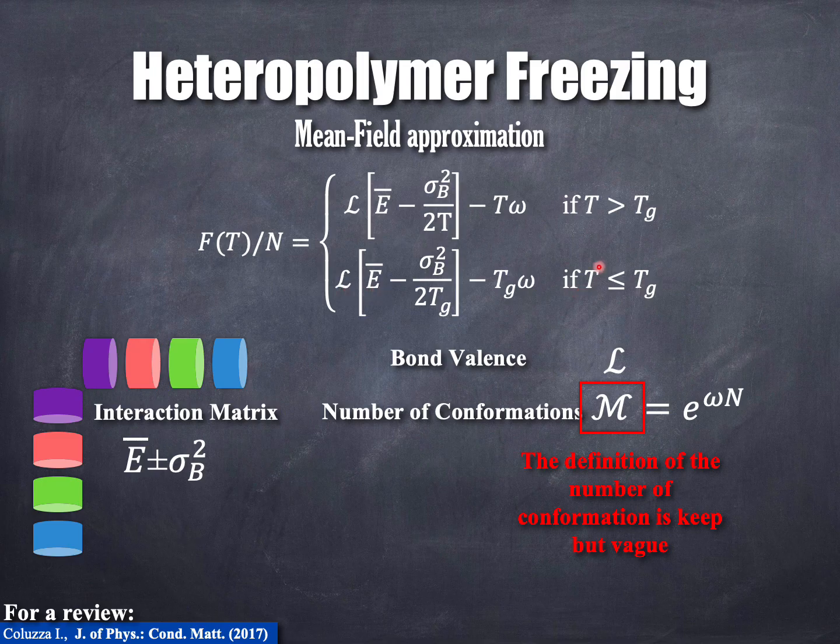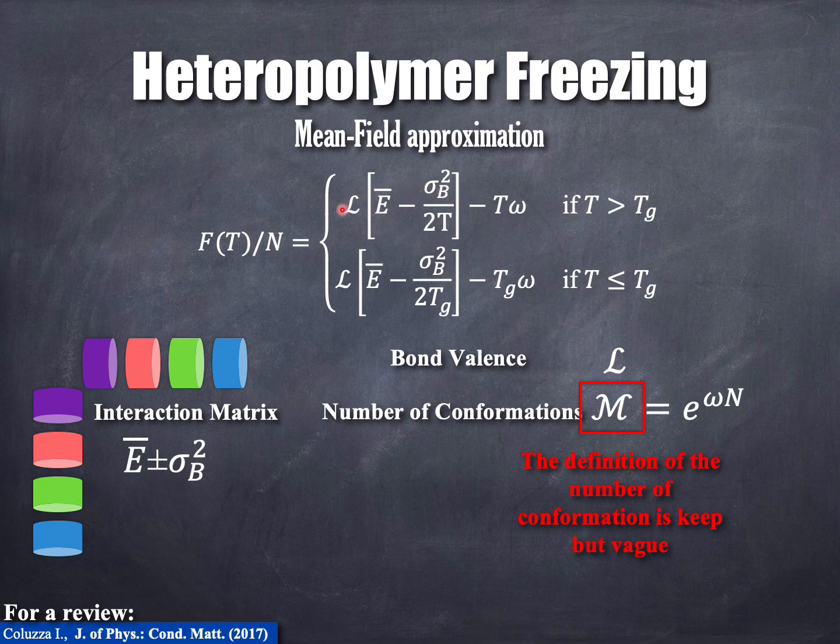The key parameters that identify the mean field model of heteropolymer freezing transition are the average energy of the interaction matrix and the standard deviation of it, plus the total number of conformations of the system and the valence of the bonds.